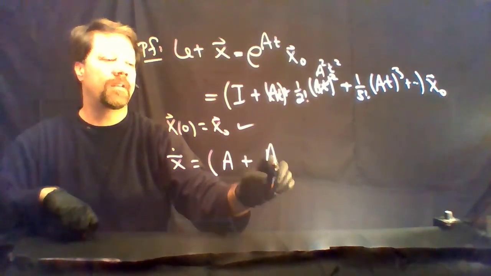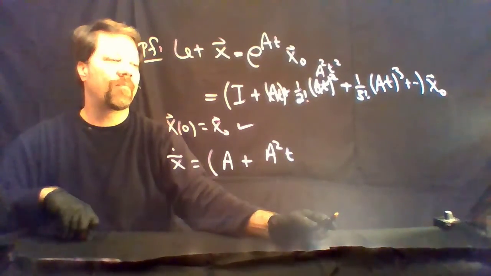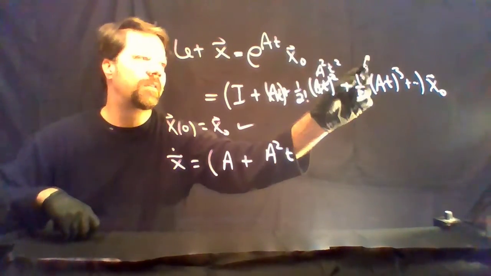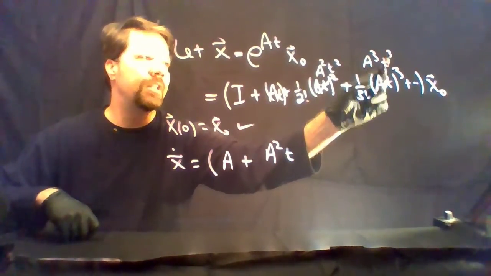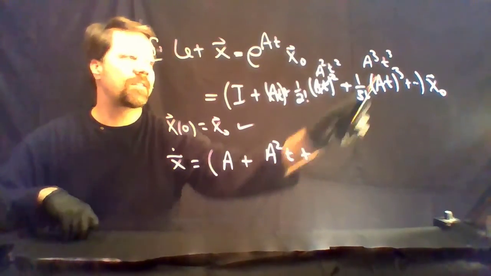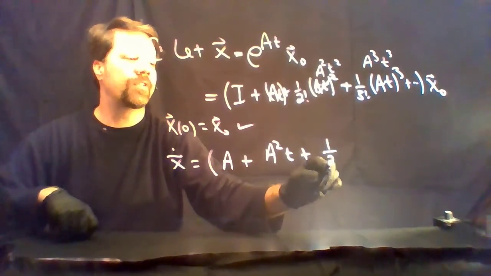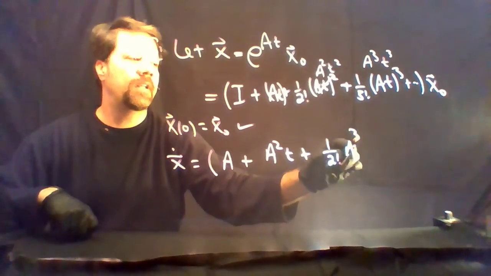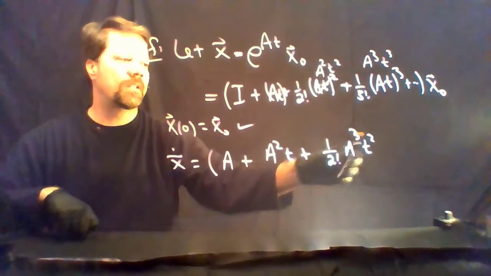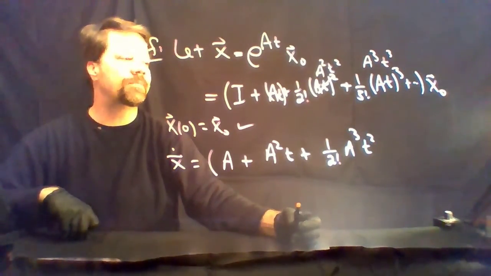You'll end up with A squared t. On the next term, we have A cubed t cubed. The derivative there is going to cancel a 3, leaving 1 over 2 factorial A cubed t squared, because the 3 came down and canceled over here.